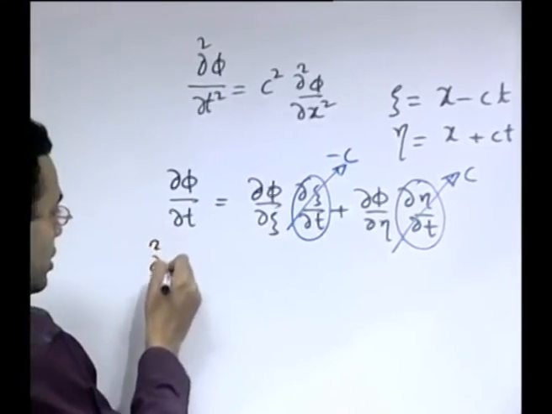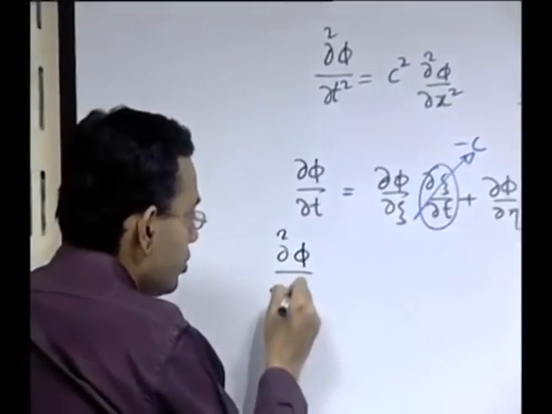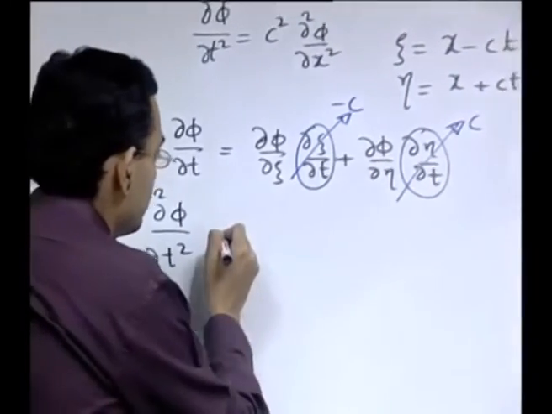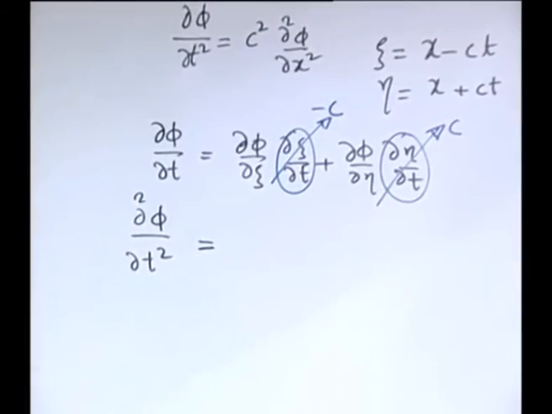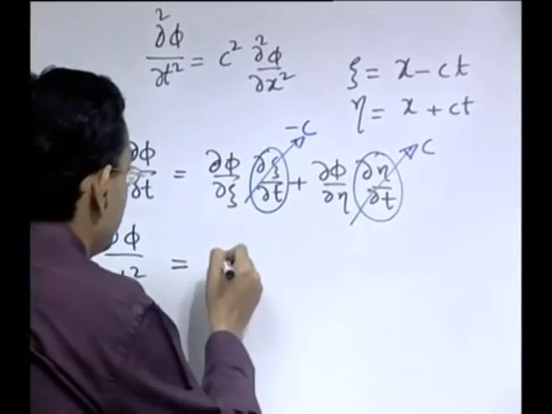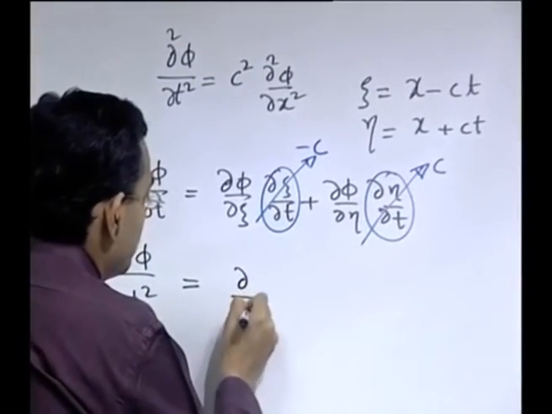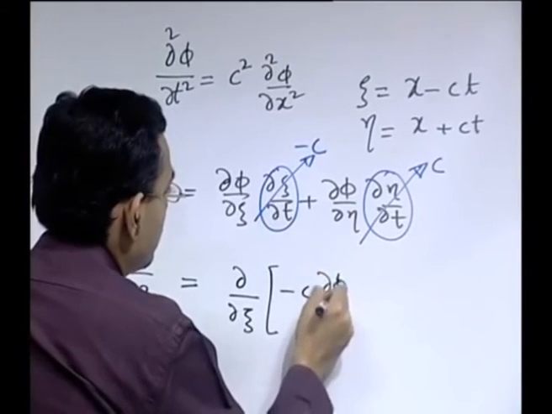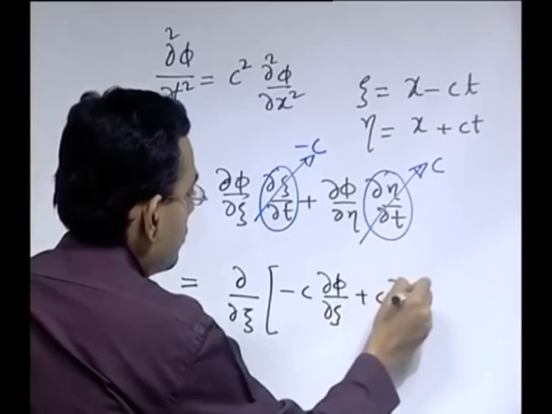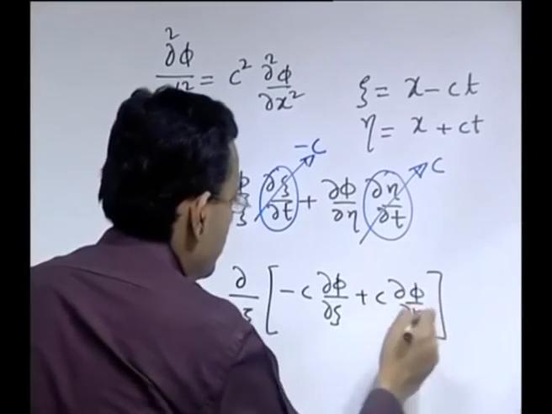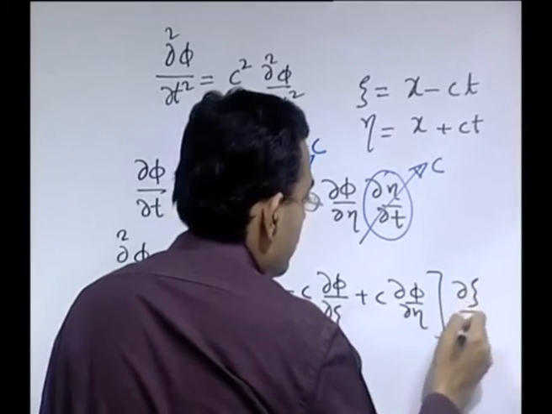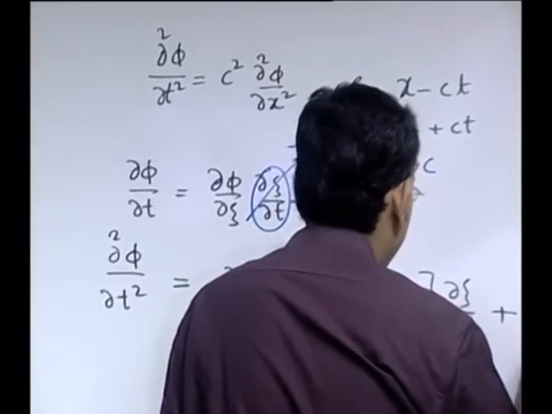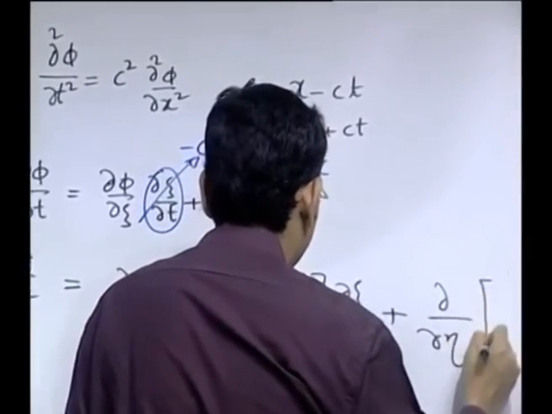Next we differentiate this once more with respect to t. So, we use the same chain rule that we used for the previous term.